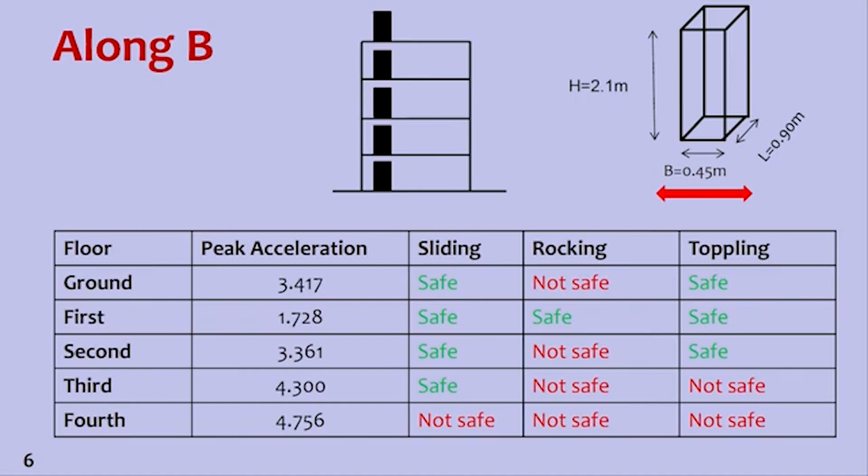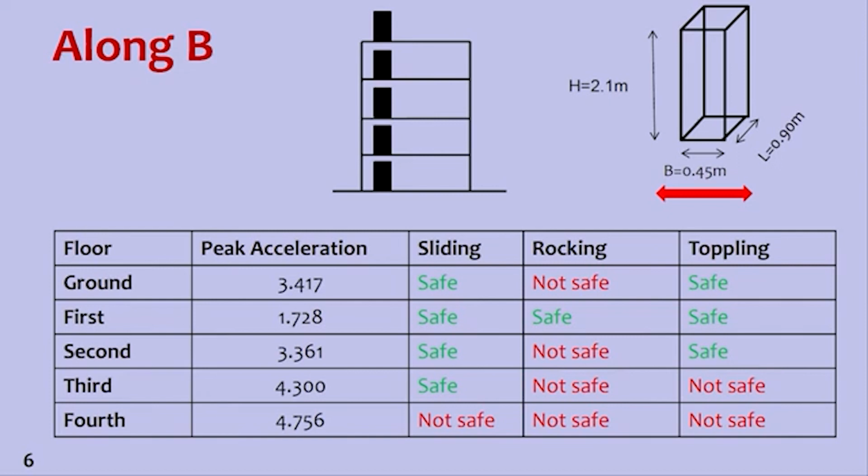At the first floor, sliding is safe, rocking is safe, and toppling is again safe. In the second floor sliding is safe, rocking is not safe, toppling is safe. Third floor sliding is safe, rocking is not safe, toppling is not safe. In the fourth floor, sliding is not safe, rocking is not safe, and toppling is not safe.